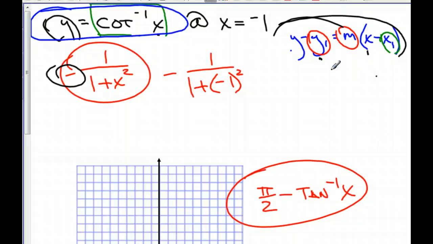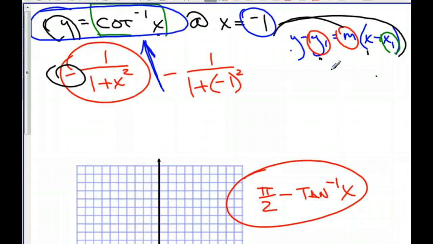Then we'll plug in -1, and that will give us the slope of the line at that point. First of all, we changed our original equation.